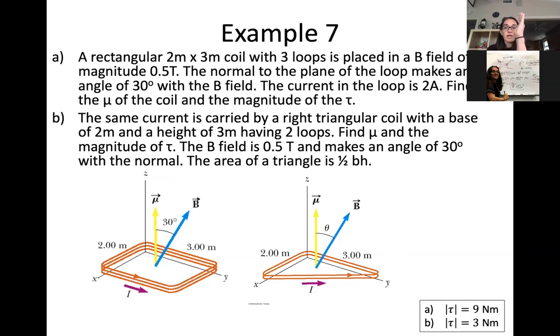Now it's placed in a B field that isn't quite straight up. It's offset. Here's straight up, and here's the B field, and it's offset. This wants to rotate. We run current through this loop.